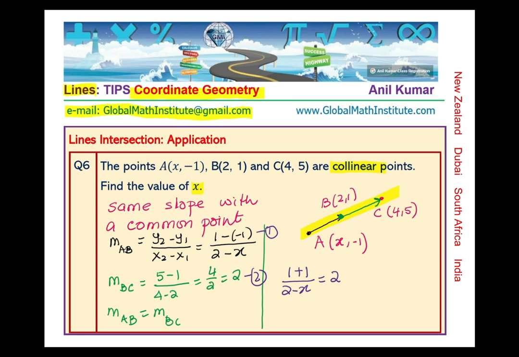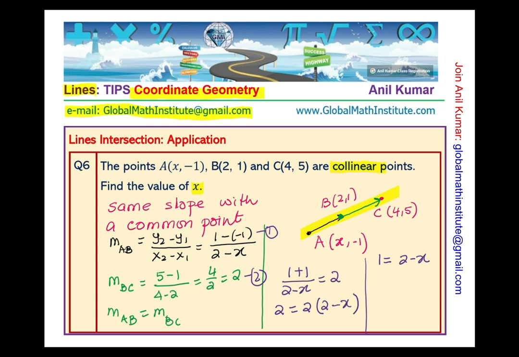So this is 2 equals 2 times 2 minus x. Okay, cross multiply. This is what we need to solve. Clear? Okay. So let's solve this equation. So 2 and 2 can cancel, with 1. You can say that, right? So it means 1 equals 2 minus x.